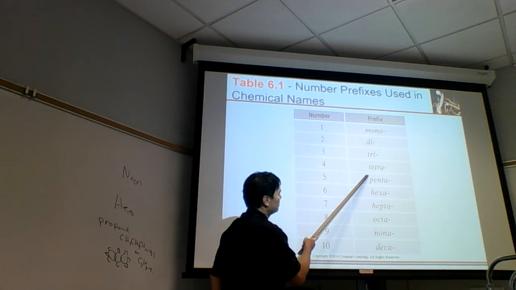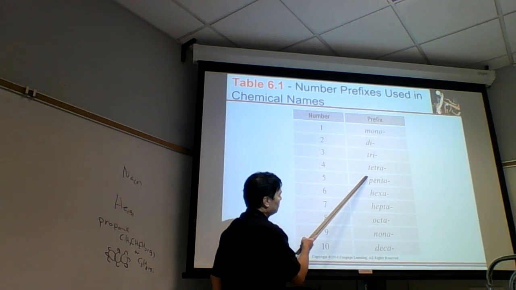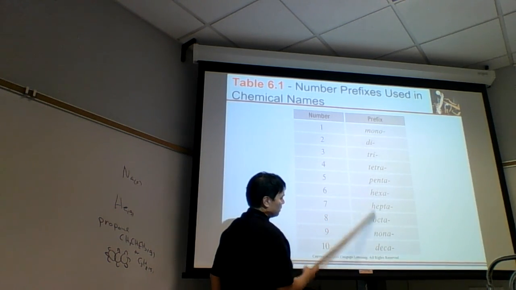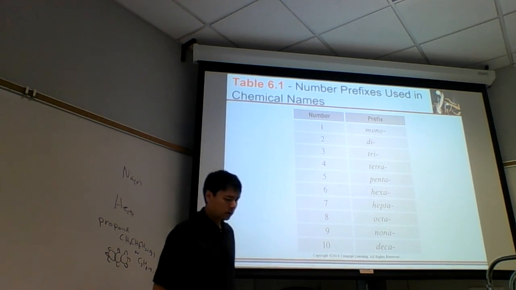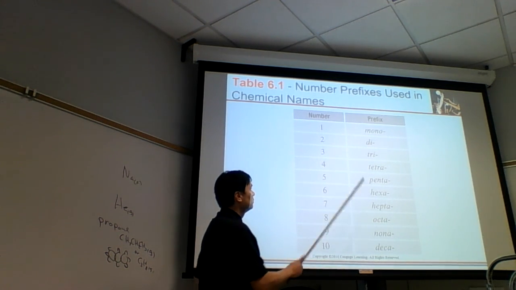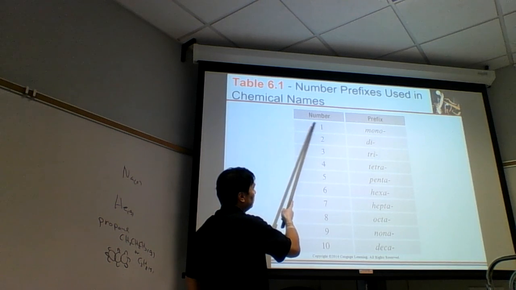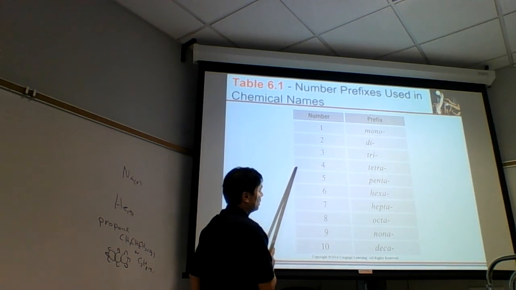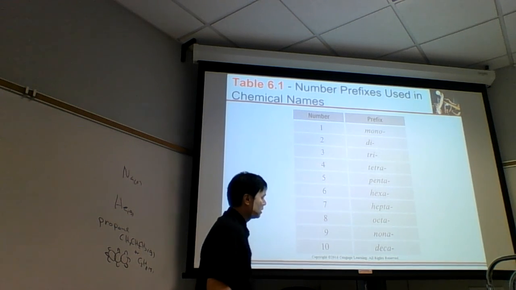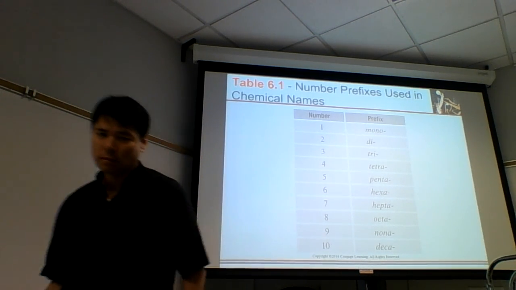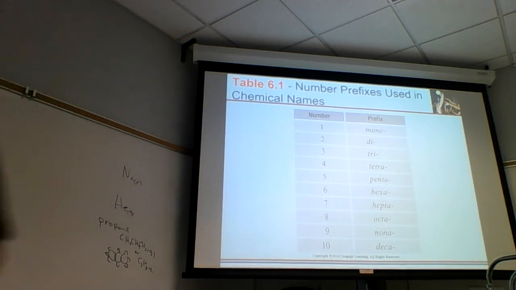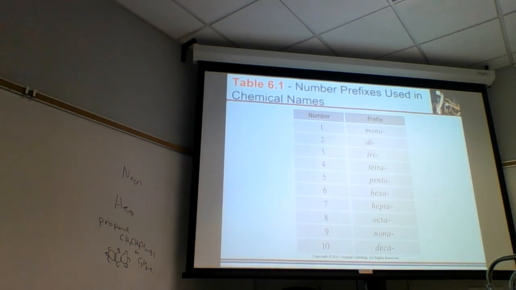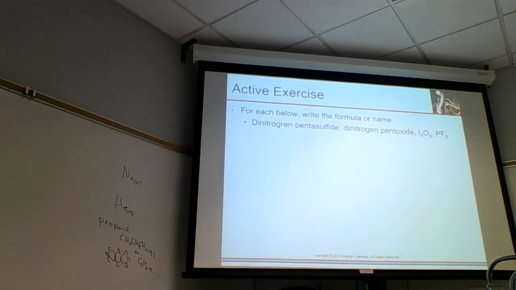These are similar to what we see for carbon atoms. For carbon we just have meth, eth, prop, but, and then the rest are the same: penta, hexa, hepta, octa, nona. These are the prefixes for naming the number.